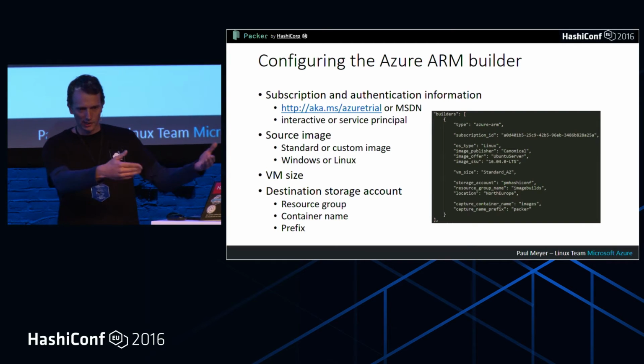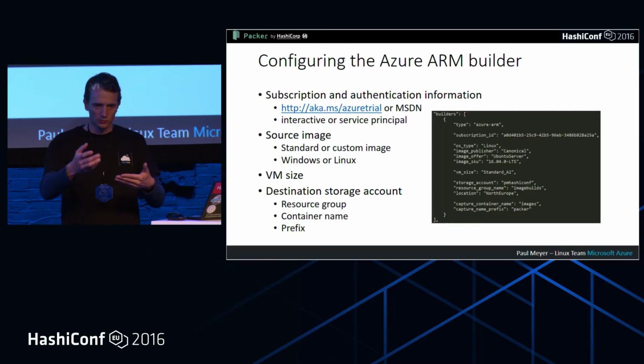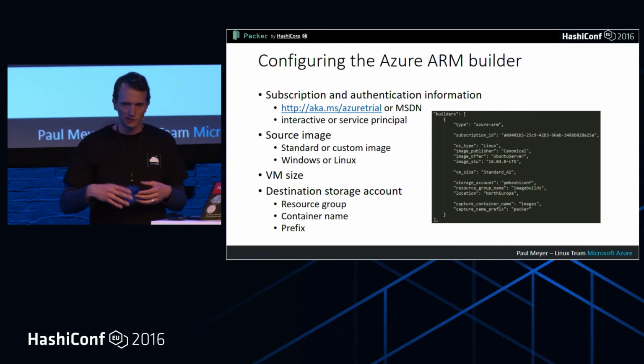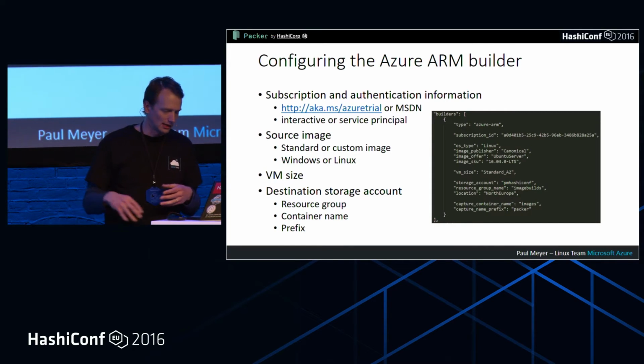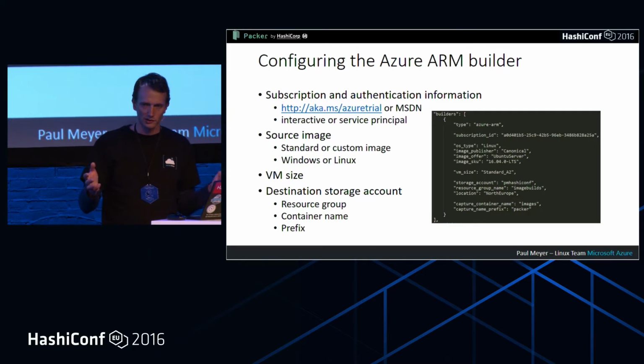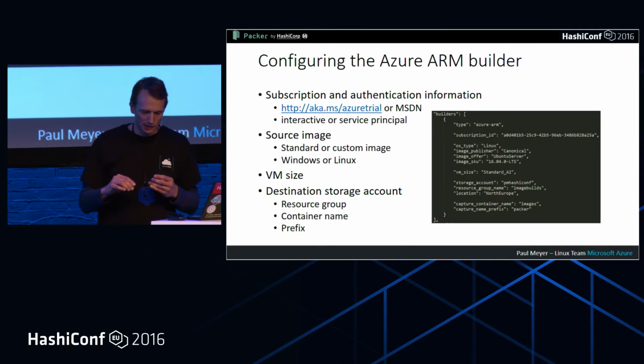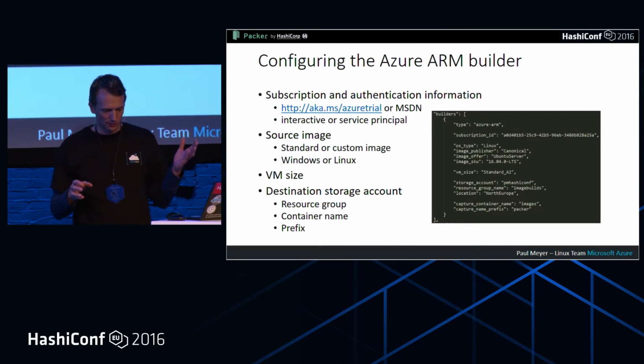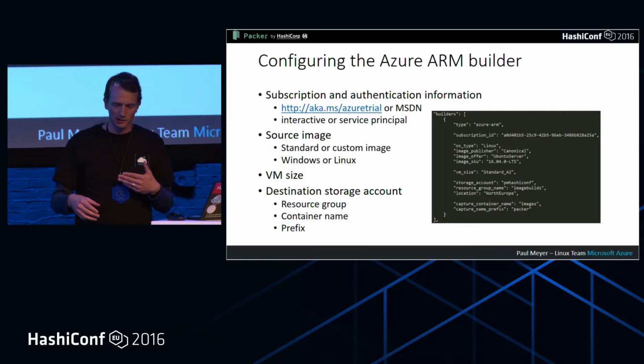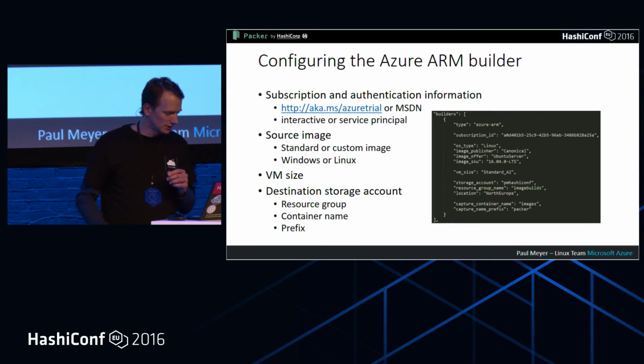So they would take our image and run some more provisioners on it to pull down some more packages, configure some stuff, and then save it again. So they have a new image that they built their clusters from. So that's an option. Currently, you can build either Windows or Linux images, either from Windows or Linux. It should be completely cross-platform, all of that.